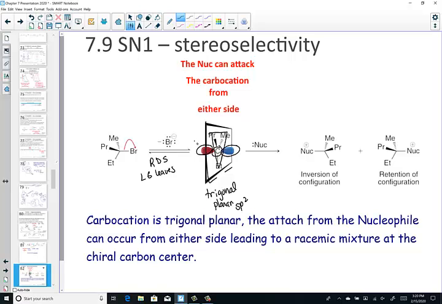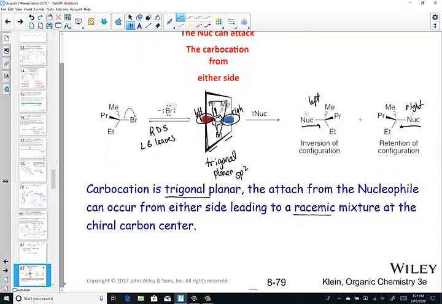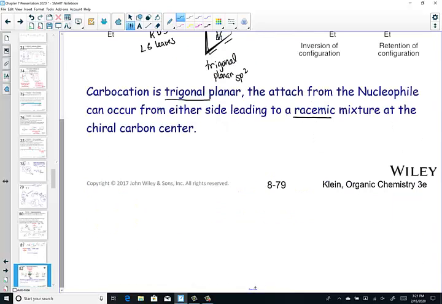So let's say if this is left and this is right, you could have the nucleophile attach from the left side, or you can have the nucleophile attach from the right side; both are possible. Since we have a carbocation in trigonal planar configuration, we will always lead to a racemic mixture at any chiral carbon.